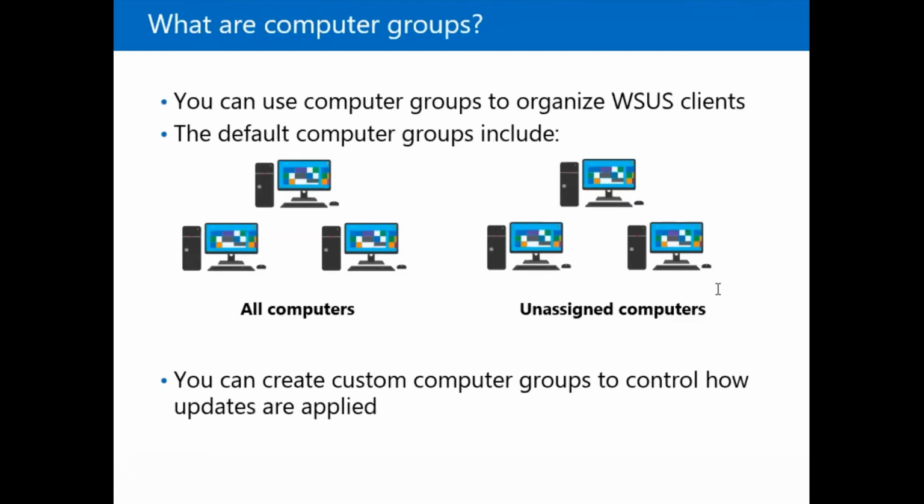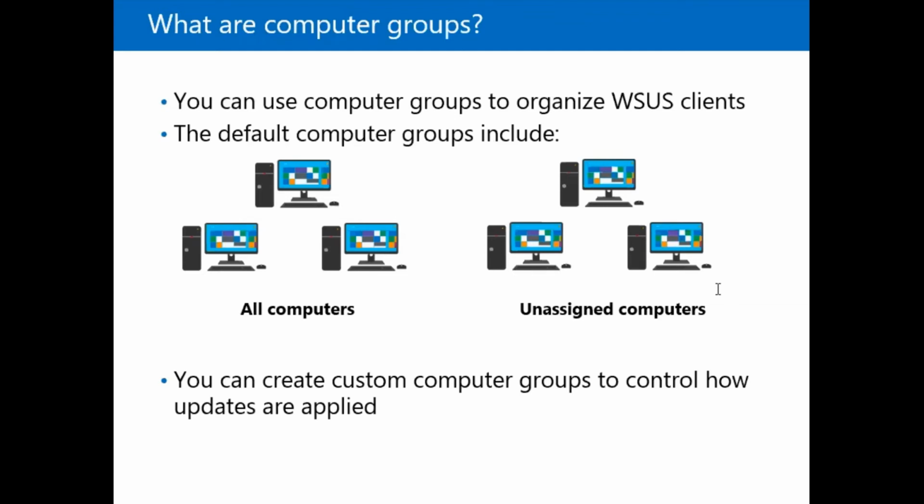So what are computer groups? You can use computer groups to organize WSUS clients. The default computer groups include All Computers and Unassigned Computers. You can create custom computer groups to control how updates are applied.